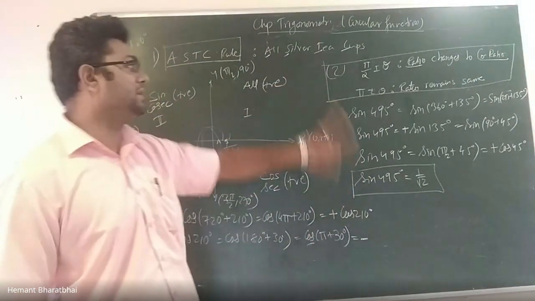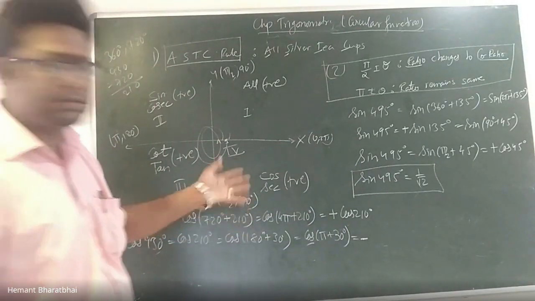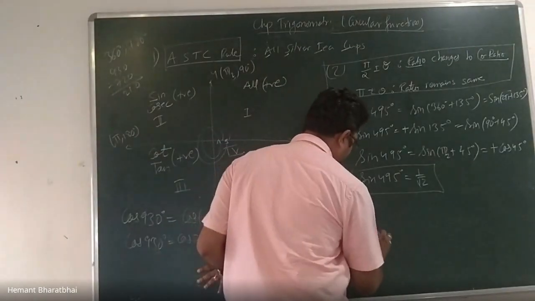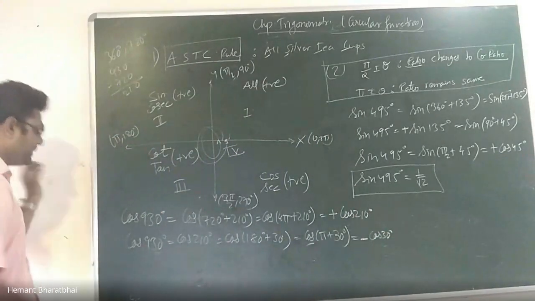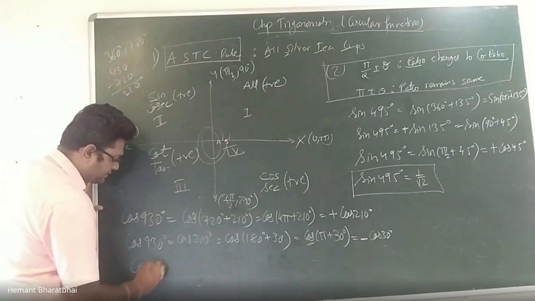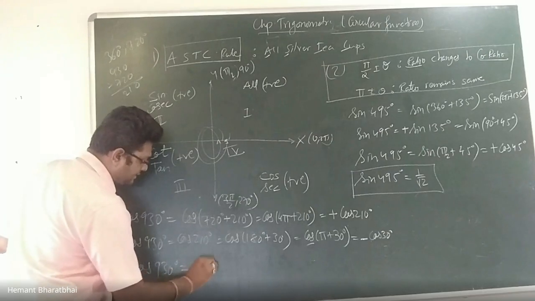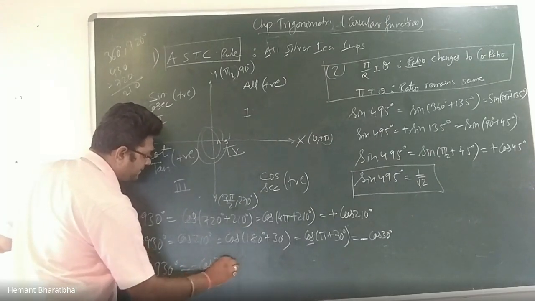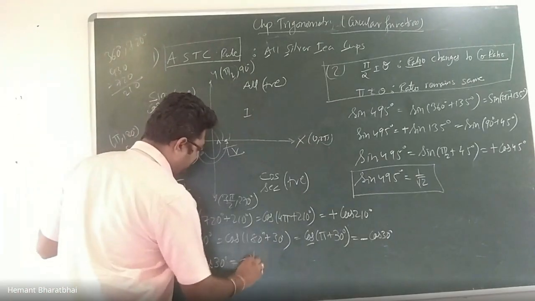Whenever it is pi plus minus theta, ratio remains the same. So it is cos, it will remain cos only, so it will give me cos theta, so that is cos of 30 degrees. Therefore, I can write cos of 930 degree is equals to minus cos of 30 degree, which is equals to minus cos 30, how much? Root 3 by 2.